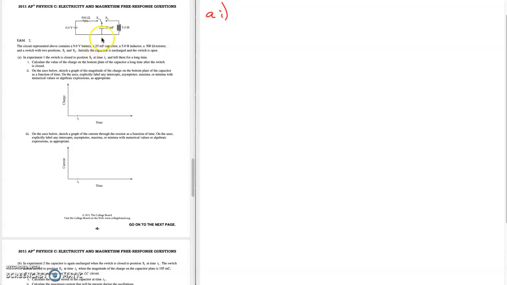eventually we will have the charge on the capacitor equal to the battery times the capacitance. So eventually that will be 9 times 25 milli, which is times 10 to the minus 3, which gets us 0.23 coulombs. Now, pay very close attention to the bottom plate. Well, that long line up there is a positive and the short line is a negative.